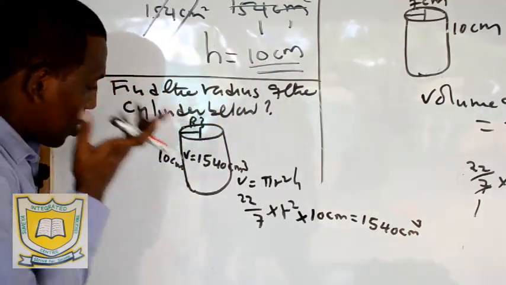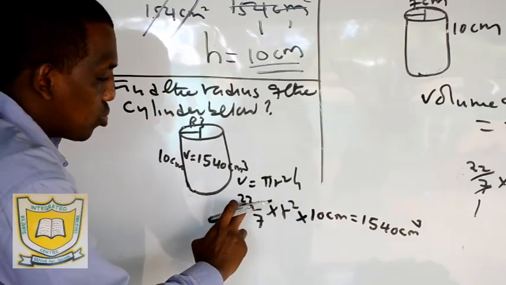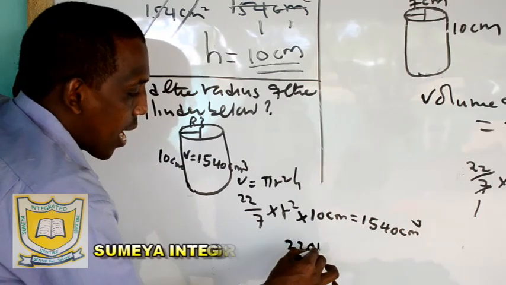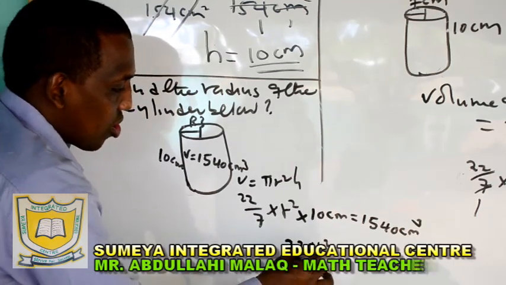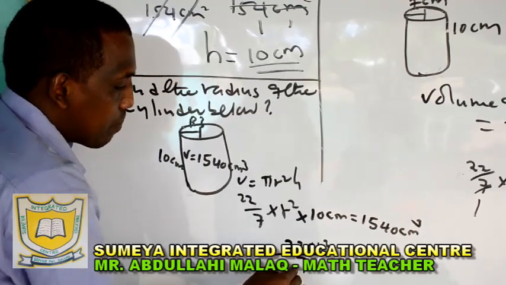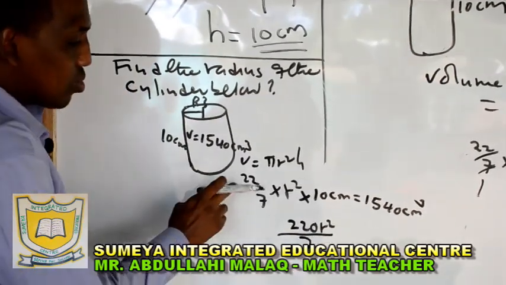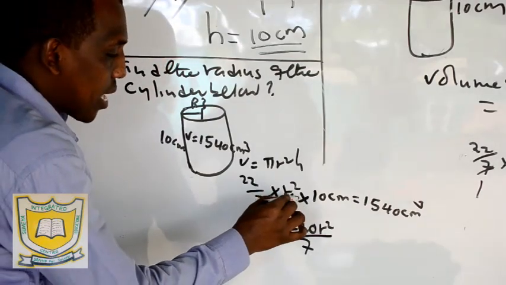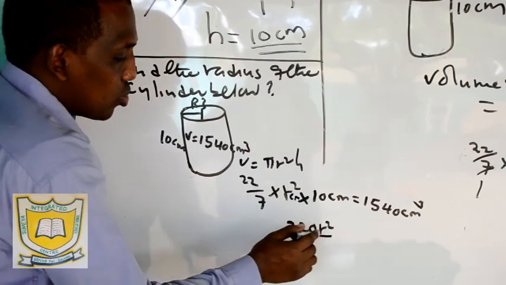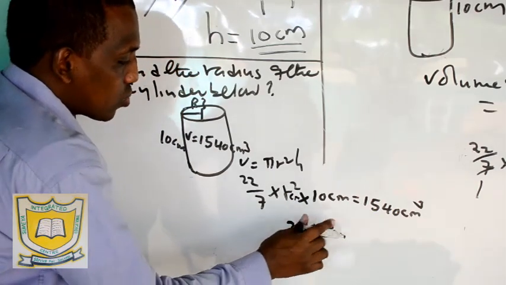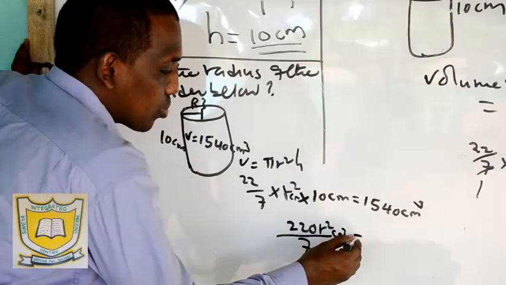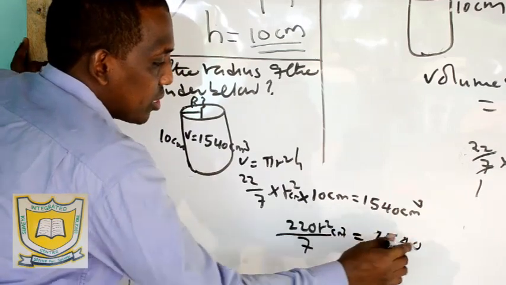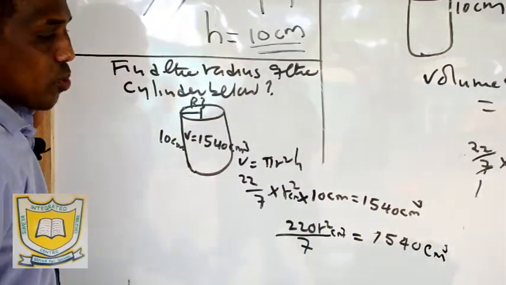We multiply the numerators. 22 times R squared times 10, you will get 220 R squared. Over 7. R squared centimeter times centimeter, you will get 220 R squared centimeter squared over 7 is equal to 1540 centimeter cube.